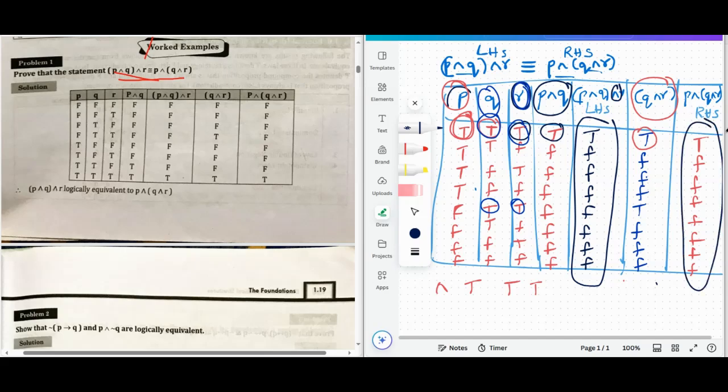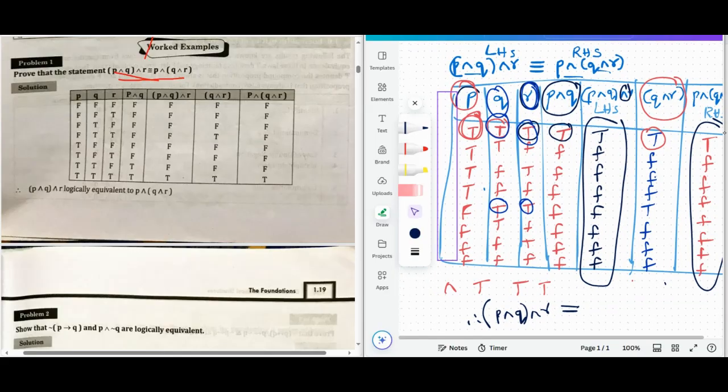Are they both the same? If they are the same, they are logically equivalent. Therefore, (P and Q) and R is logically equivalent to P and (Q and R).